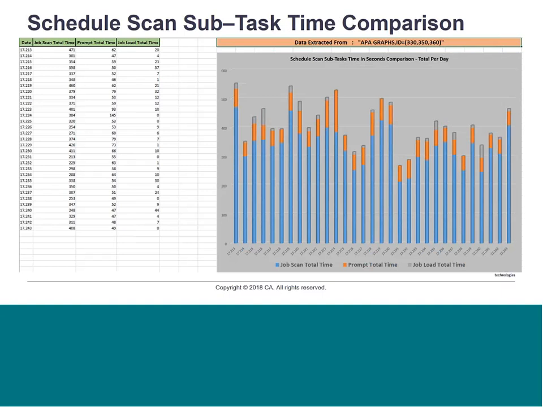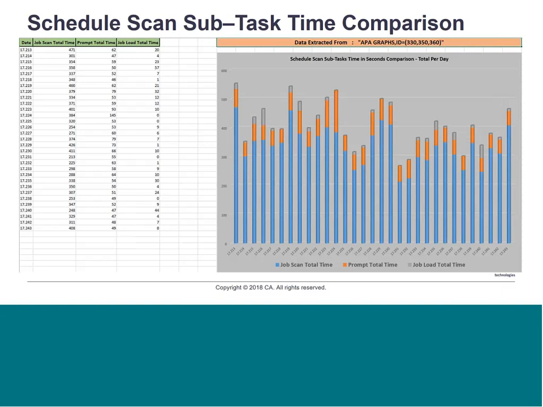We have prompting time, and we have job load time. Now, in this example data, our job load time, which is the grey bit at the top of each of the columns, is actually fairly small. So that tends to indicate that there is not a huge amount of problems with actually loading the job in, reading the JTL, and so on.